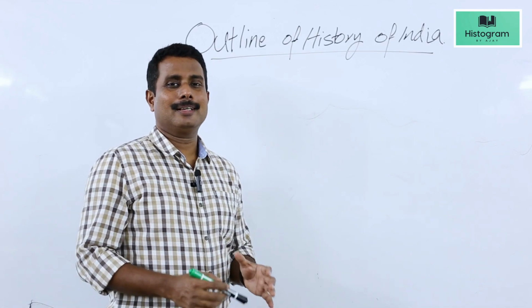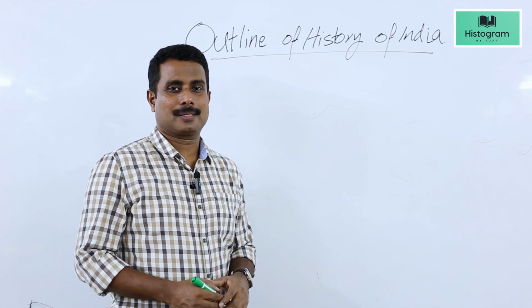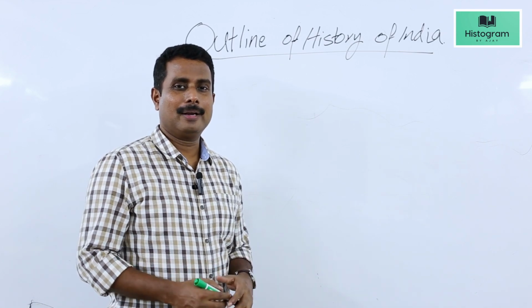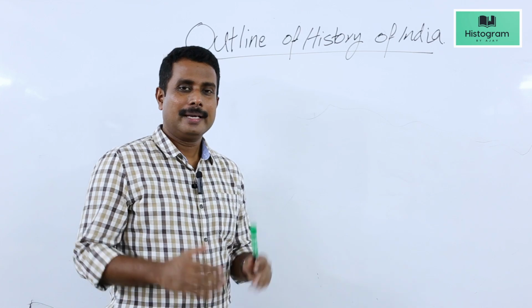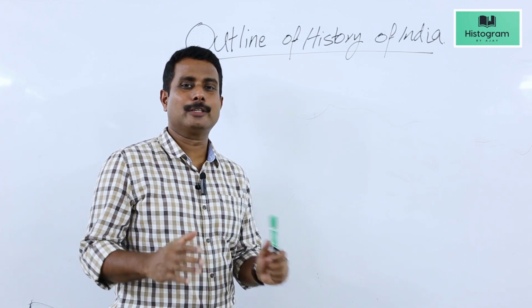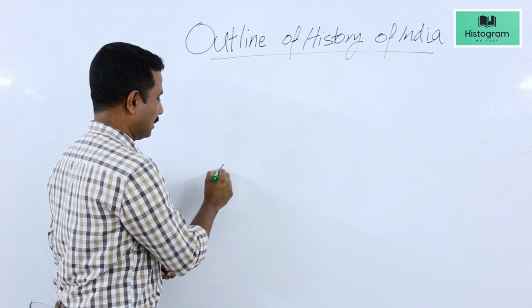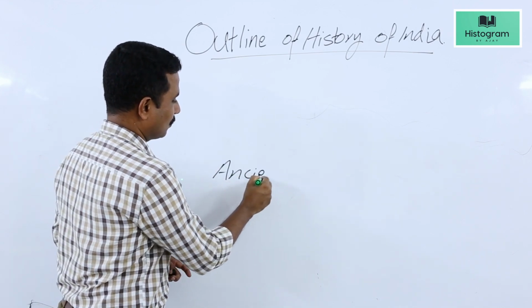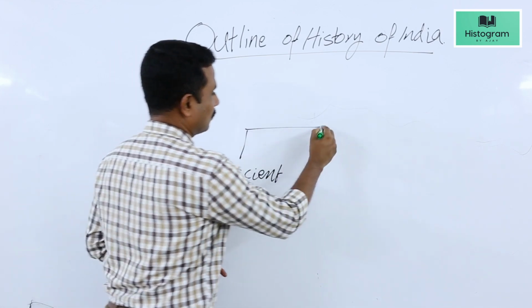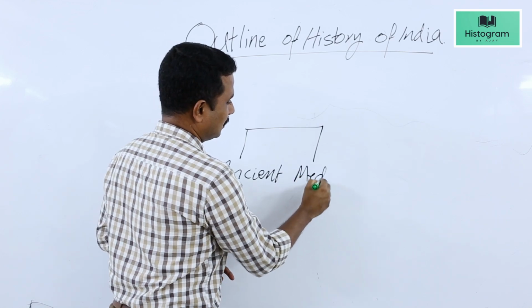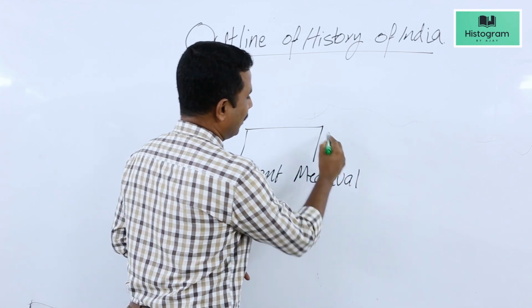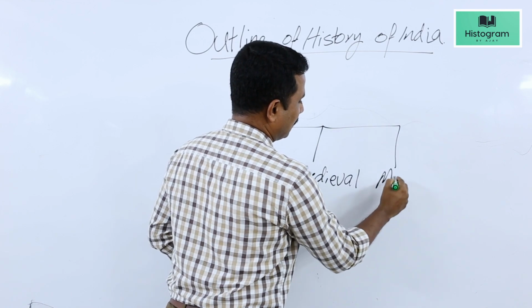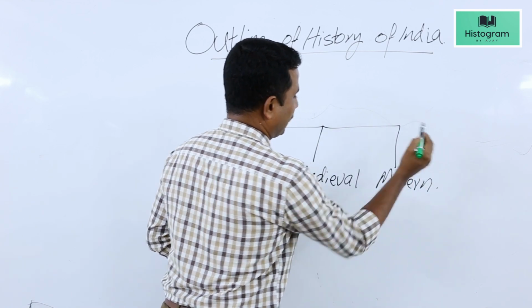History can be divided into three broad parts: ancient, medieval, and modern. Indian history too is divided into three parts. So, first part, as you know, is ancient. Second part, medieval, and finally modern.